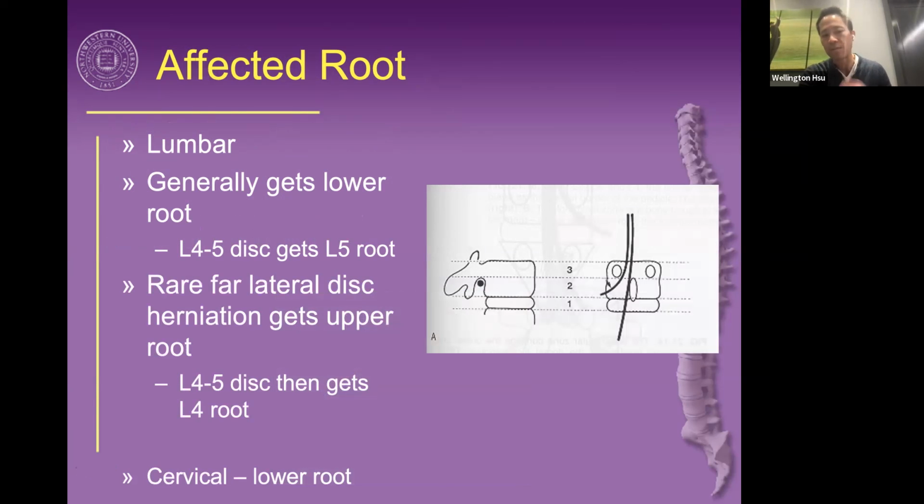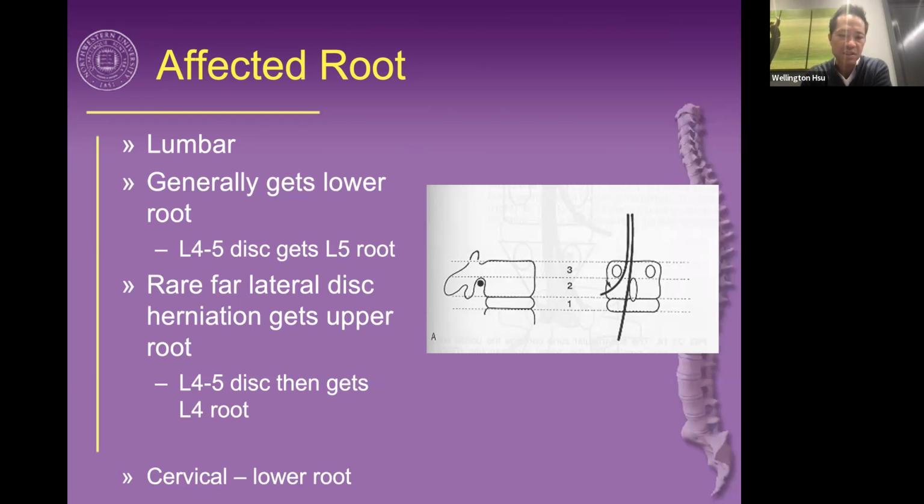In both the cervical and lumbar disc, the lower root is typically affected. The L4-5 disc gets the L5 nerve root, and the C5-6 disc gets the C6 nerve root. But what is different is that a far lateral lumbar disc herniation gets the exiting nerve root, but there are no exiting nerve roots in the cervical region.